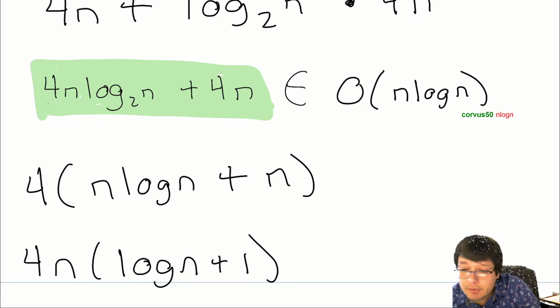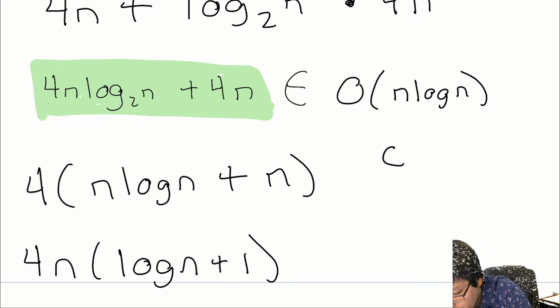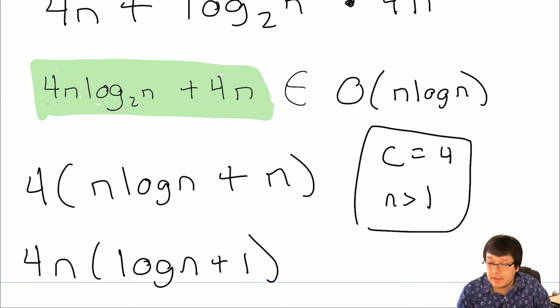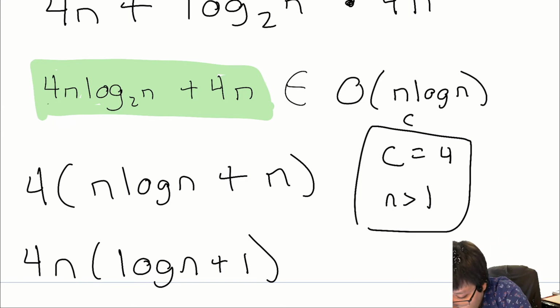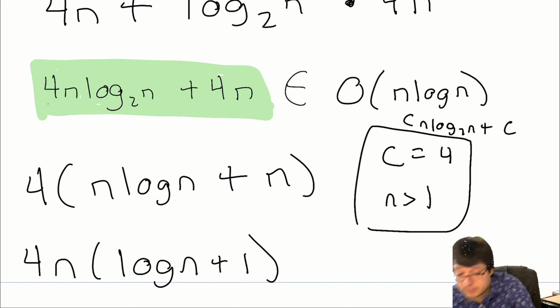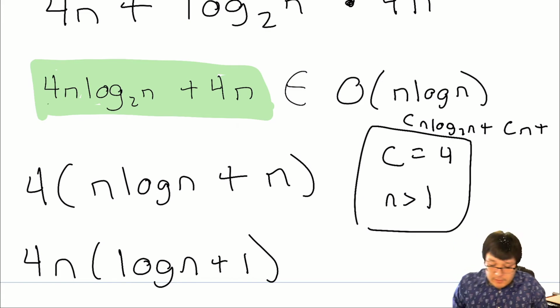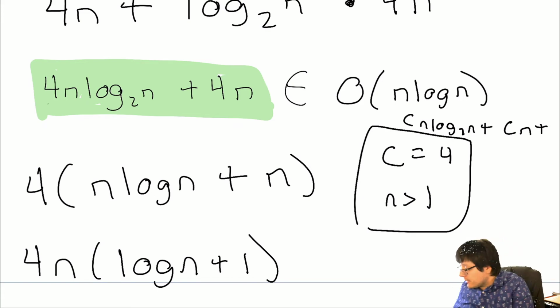Now you might be saying, what about that 4n? The 4n is insignificant compared to the power of the n log n side. So if you were asked to show a certificate for this, you can say something like that, given that it would be of the format C n log n plus c, something like that. Potentially you don't need that last c, but at least you need the second c to not run into problems. But yeah, so there you go.